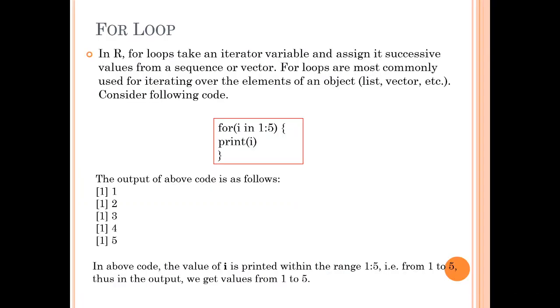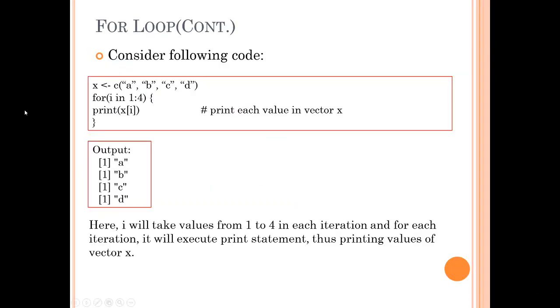Let us have another example. Now here you can see there exists a vector with 4 character values in it, and now we want to display all those 4 characters. So again we can use a for loop. So for is running from 1 to 4 again, and each time now it is not displaying just I, but it is displaying x of I, that is the ith character from vector x.